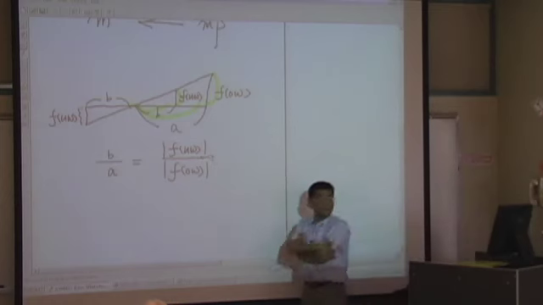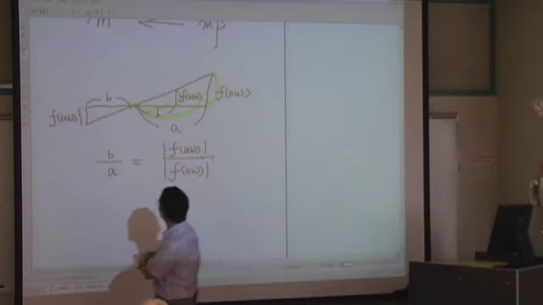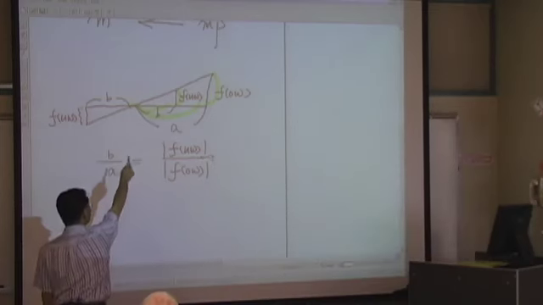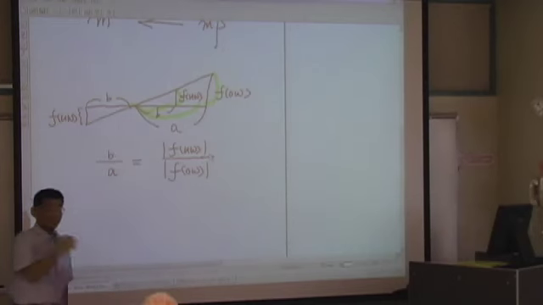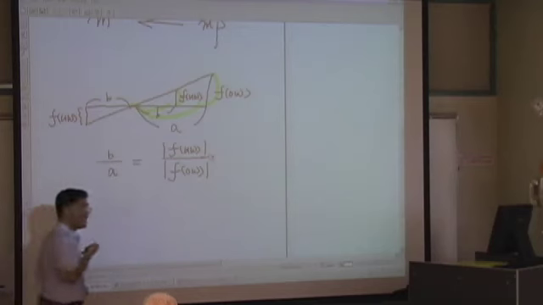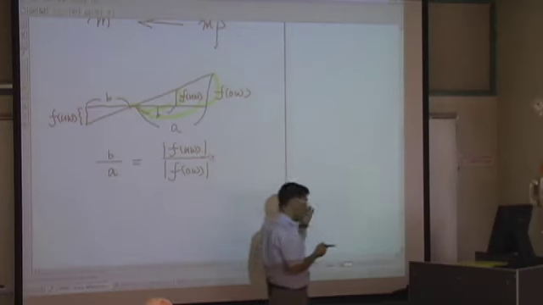Do you follow me? It's algebra, geometry stuff. So ratio B over A is the same as this ratio, then you can multiply.